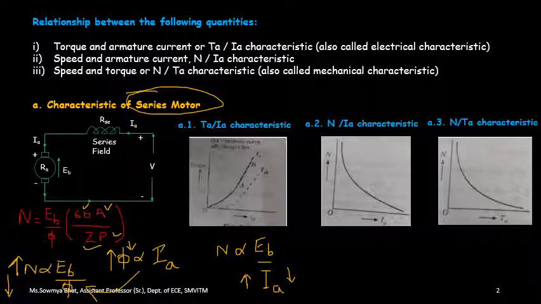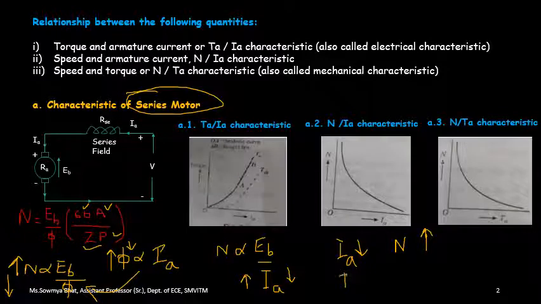So this is the relationship for speed versus the armature current IA. When I have decreased the armature current, what happens? Armature current is decreased means flux is decreased. Flux is decreased means, since these two are inversely proportional, speed is increased, and it is vice versa.